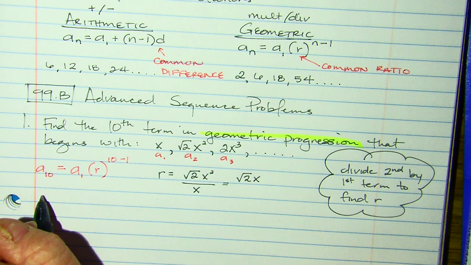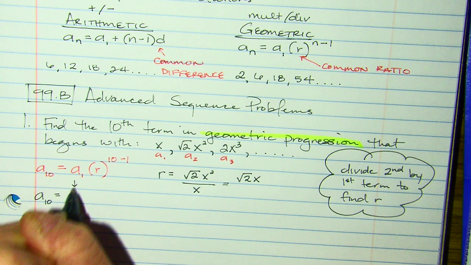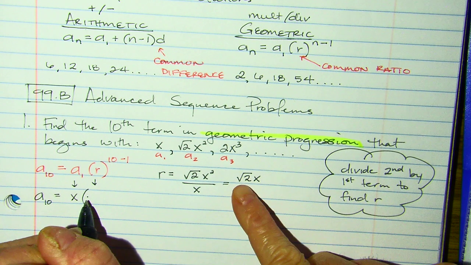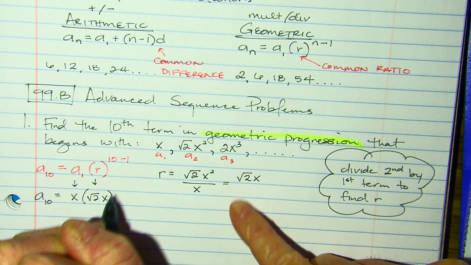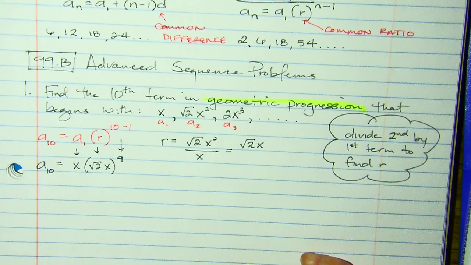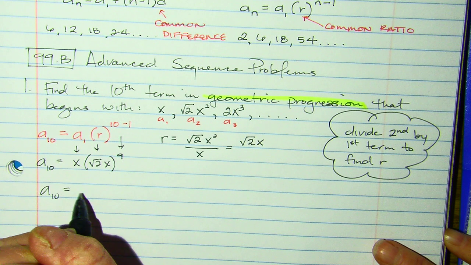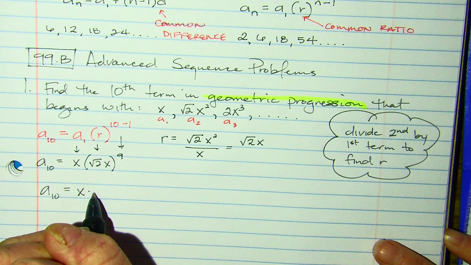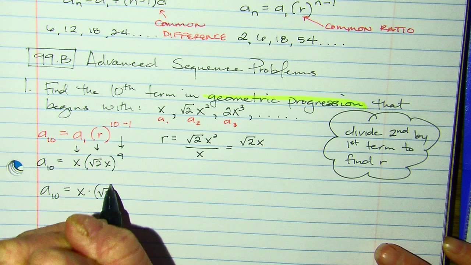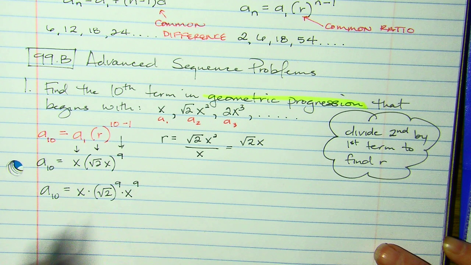So now I can plug in, I'm going to find a10. I know a1 is x. I know r, I just found r, is root 2 x, and I'm simplifying this to be to the 9th. So I get a10 equals x times root 2 to the 9th times x to the 9th.